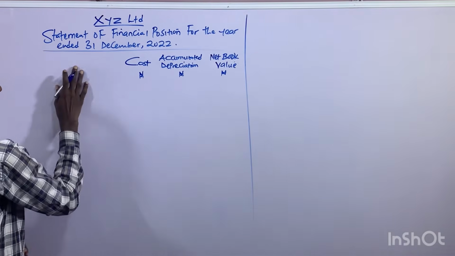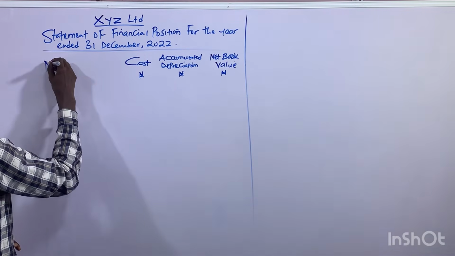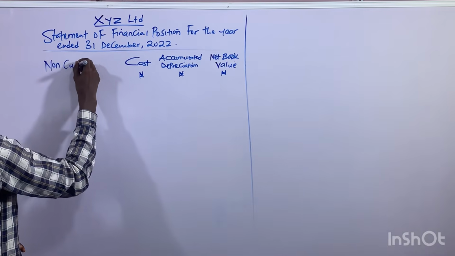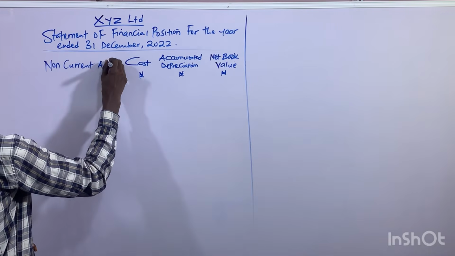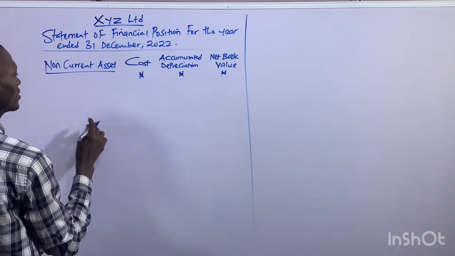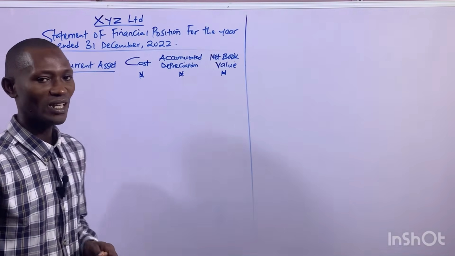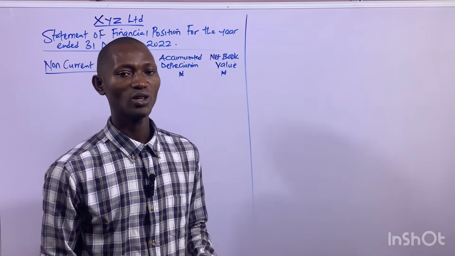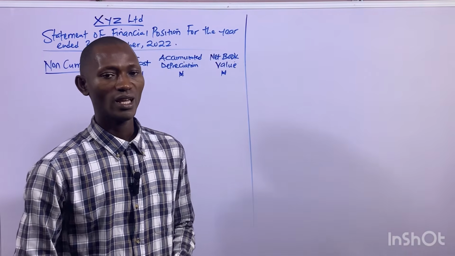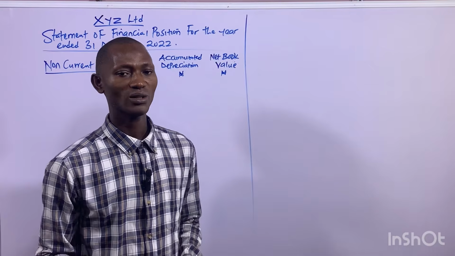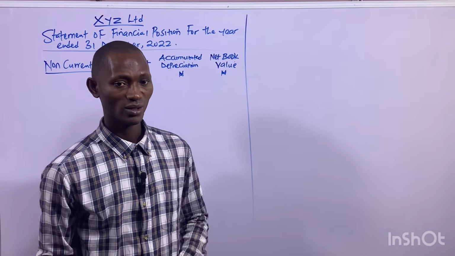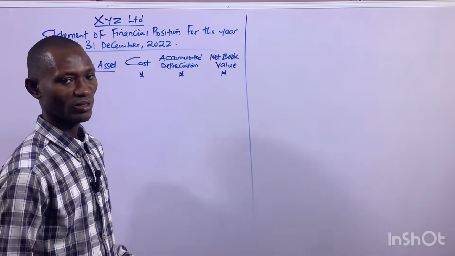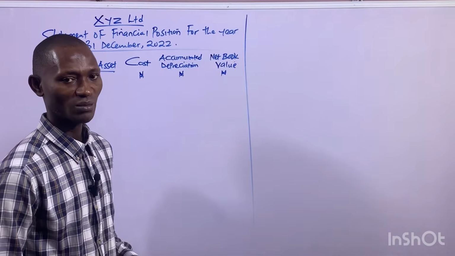So let's start with the non-current assets now. So examples of non-current assets. Non-current assets are those durable assets that have a lifespan of more than 1 year. And the amount that is usually spent on them is called costs or expenditure. We call it most times capital expenditure.